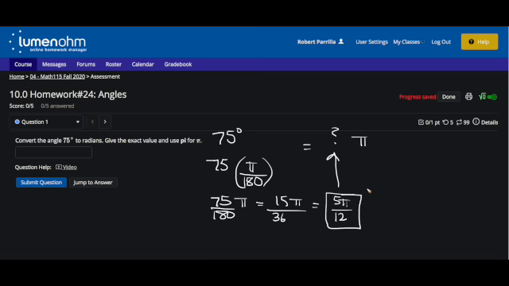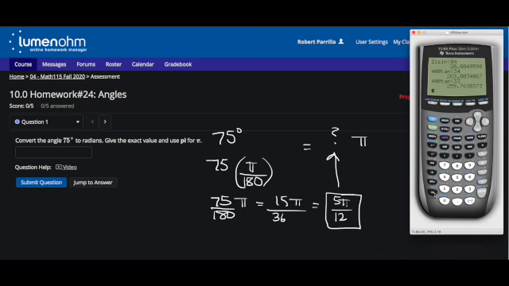Another way to check that would be to use your calculator and plug in what happens if I multiply 5 times 180, right? 5 times pi would be 5 times 180, and I would divide that by 12, and I get 75. So that's a way of checking that we're right about this.